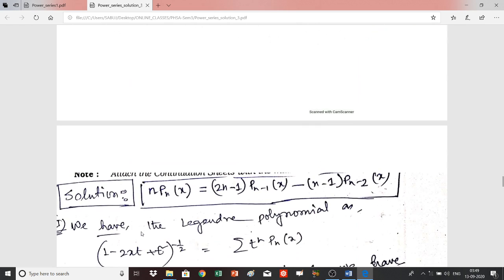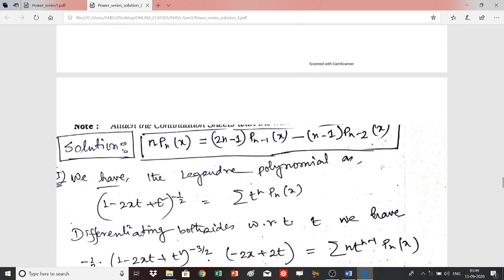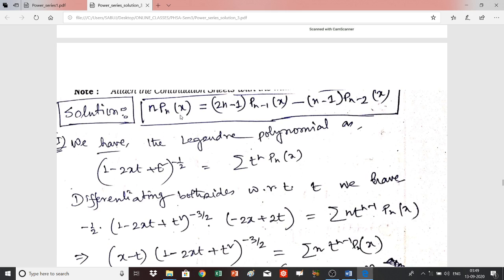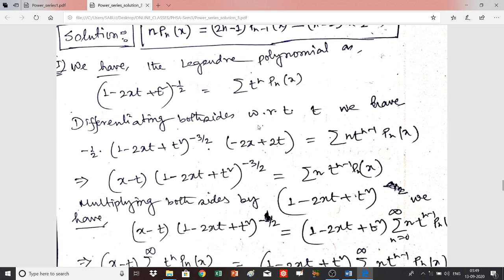Now some important relations are to be proved using recurrence relations. The first one is to prove that n pn is equal to n minus 1 pn minus 1 x minus n into n minus 1 pn minus 2 x. If you wish to prove this, I have done it once already.